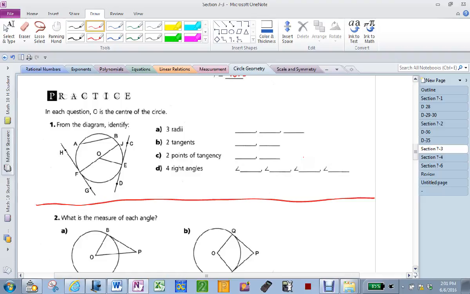And remember, every name I write down here, the letters can be reversed. Yeah? As long as you have the same 2 letters I have, you've got it right.